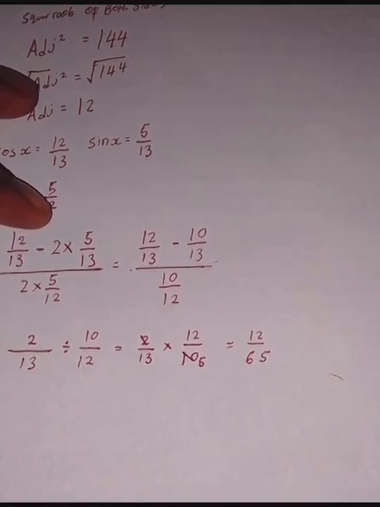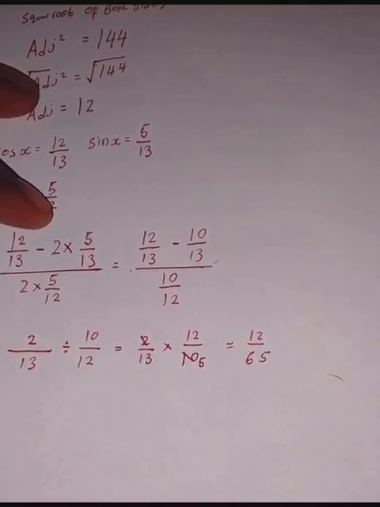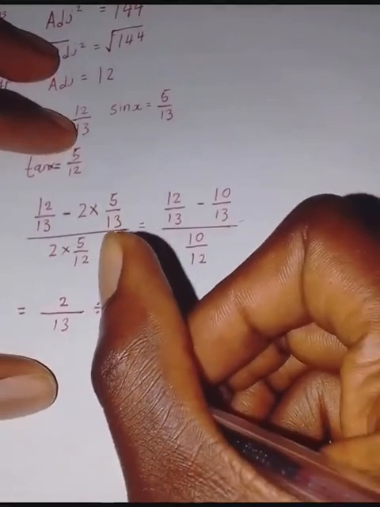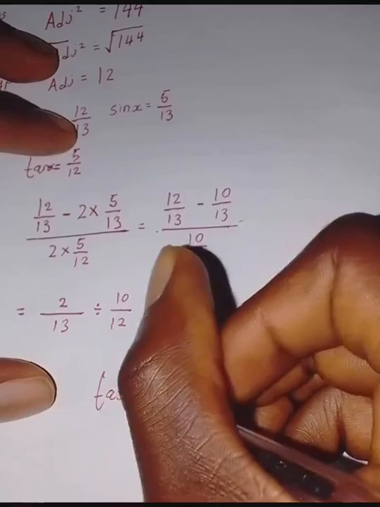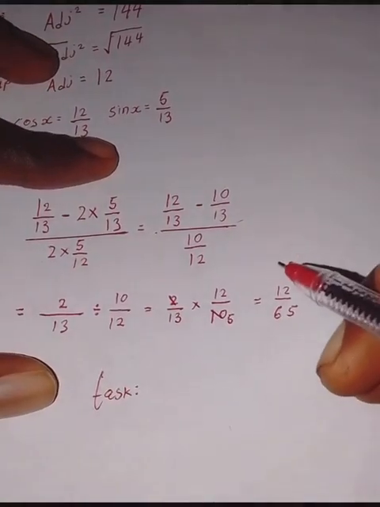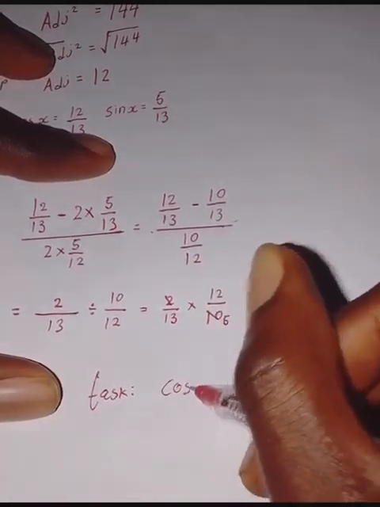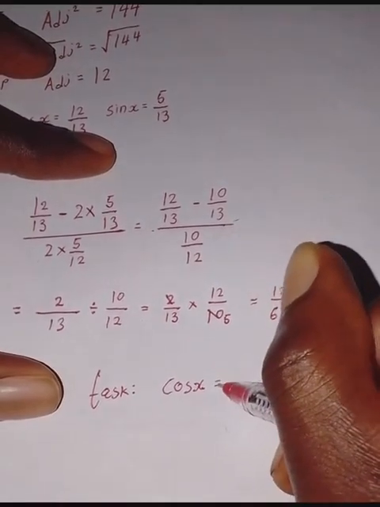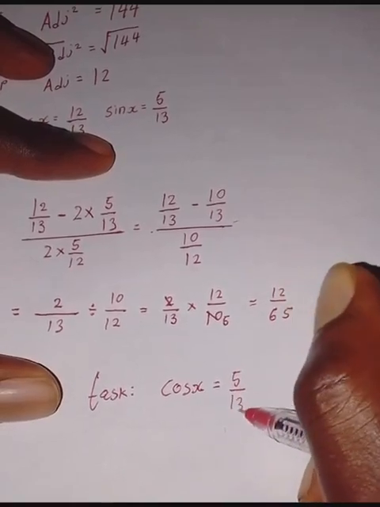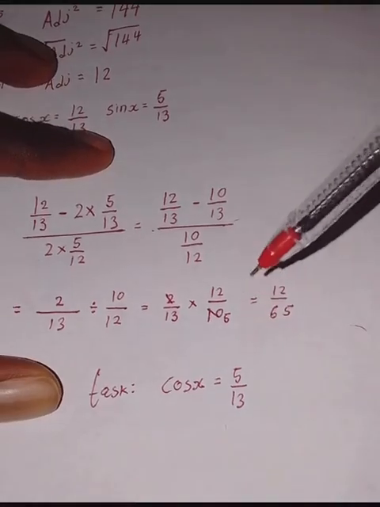So to test your understanding of what we have done here, I would like to give you an assignment, and I will give the final answer. So now take this question. We have cos x equals 5 over 13. So this is your task now.